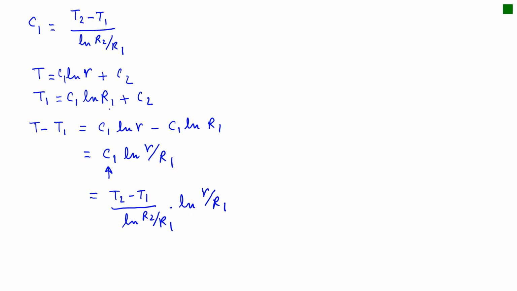So then my solution is T is equal to T2 minus T1 over natural log of r2 over r1, times natural log of r over r1, plus T1.